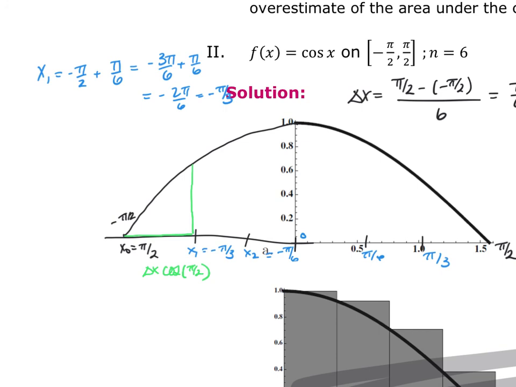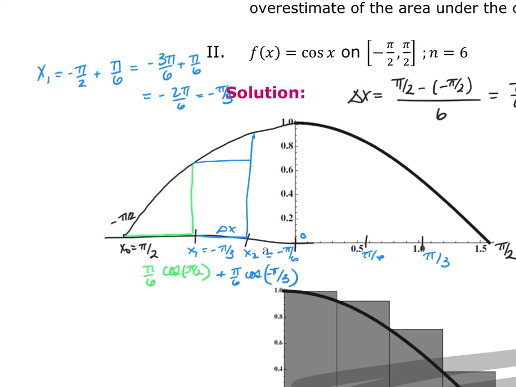This rectangle is going to be this height times this delta x. So that's that rectangle. So plus my delta x. Now we know delta x is pi over 6. So this is going to be pi over 6, and this one's going to be pi over 6 times the cosine of negative pi over 3.